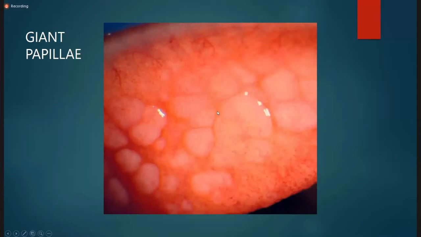If there is a small follicle, there is a pale center. But in this picture, you can see small vessels. So these are papillae. While in follicles, these are actually pale. These are giant papillae. Giant papillae are pathognomonic of vernal keratoconjunctivitis.